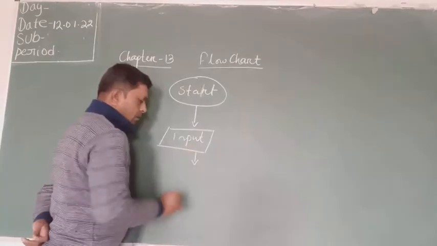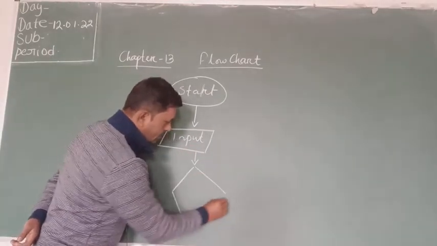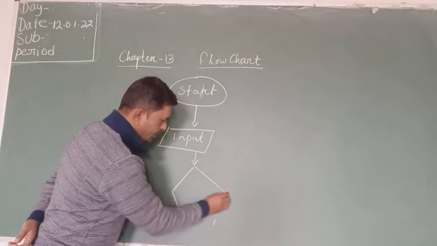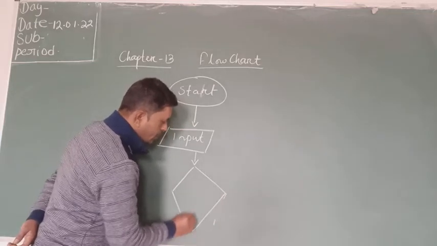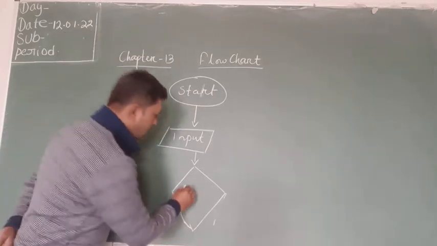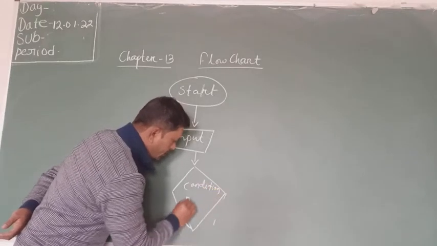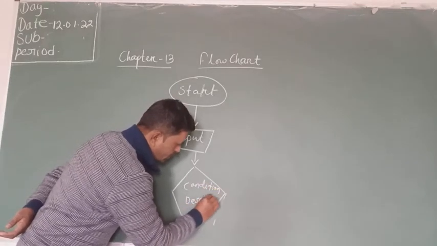and after input we have some decision. For decision making we use the diamond shape, for condition decision.